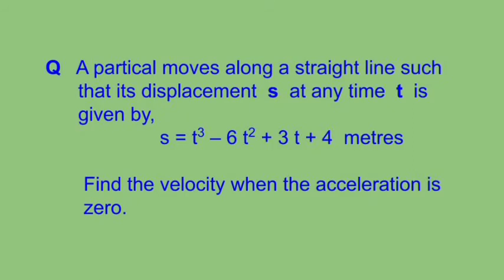Question number 2. A particle moves along a straight line such that its displacement s at any time t is given by s is equal to t cube minus 6t square plus 3t plus 4 meters. Find the velocity when the acceleration is 0.